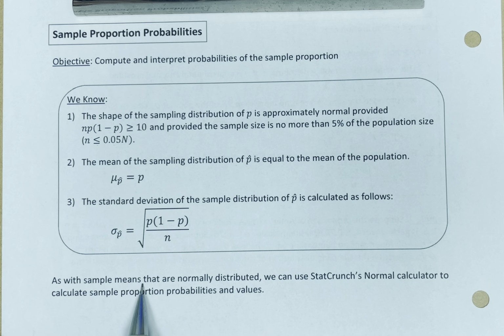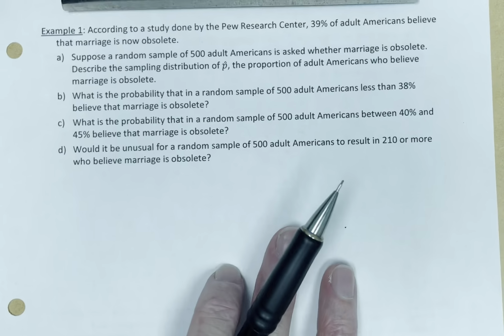As with sample means that are normally distributed, we can use StatCrunch's normal calculator to calculate sample proportion probabilities and values. So let's do that in a couple of examples.